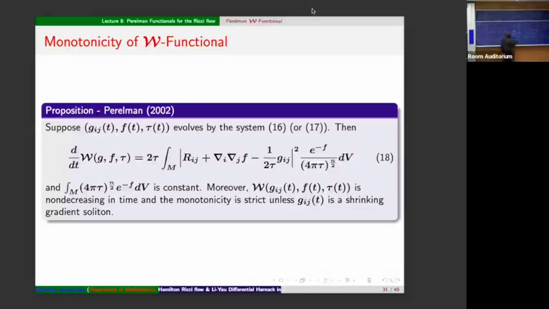When it's greater than 0, you have an expanding soliton. In the way I wrote it here, you have a gradient soliton, and that is why, if it is shrinking, you have plus Hessian of F minus 1 over 2 tau g_ij equals 0. Meaning that this lambda is 1 over 2 tau. So that is good. You can now use this to rule out shrinking breathers.